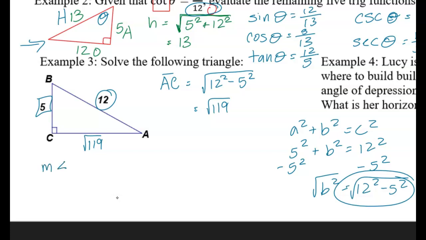So I'm going to first find the measure of angle A. Now I know this is way back, but does anyone know what you use when you're trying to find the missing angle using trig? We don't know that this is a special right 30, 60, 90. We have no idea what these angles are.